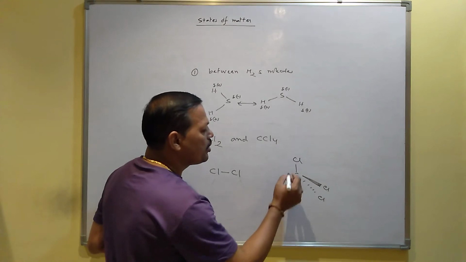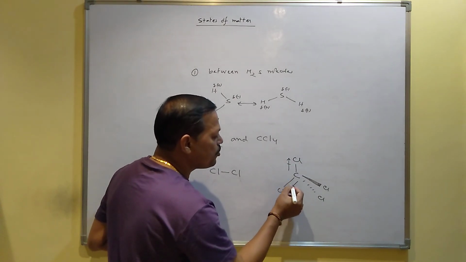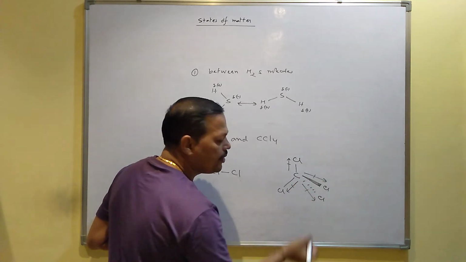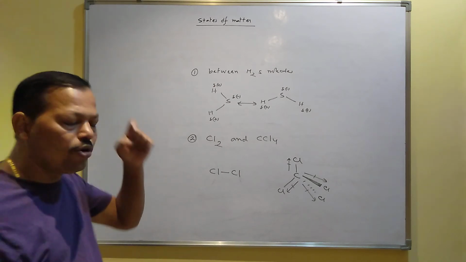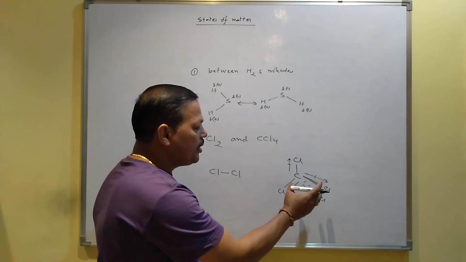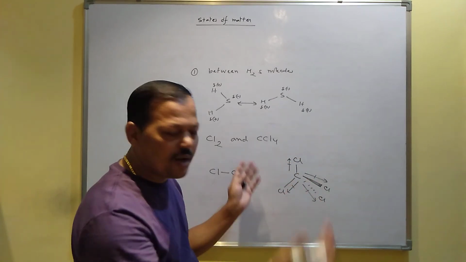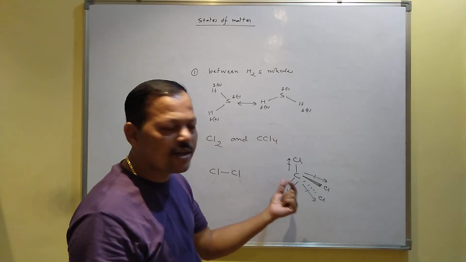But each chlorine attracts the electrons towards itself, in different directions. In the tetrahedral shape, all the bond angles are 109.5 degrees, so the chlorines equally attract the shared pair of electrons, and the net resultant force will be zero.